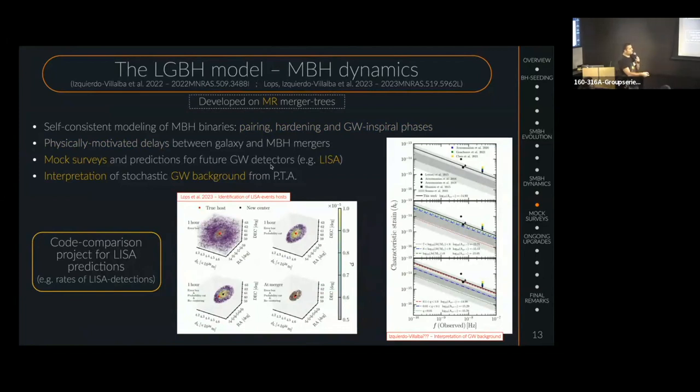And on the right here, this was a prediction for the stochastic gravitational background obtained from PTA experiments. This code is part of the code comparison project for LISA. So there are a large number of codes that are building catalogs to draw predictions for the LISA experiment.